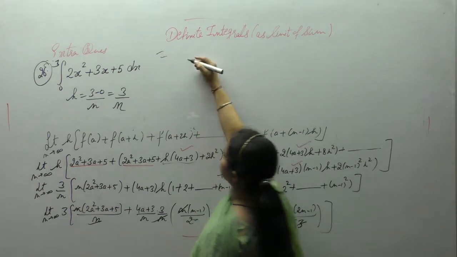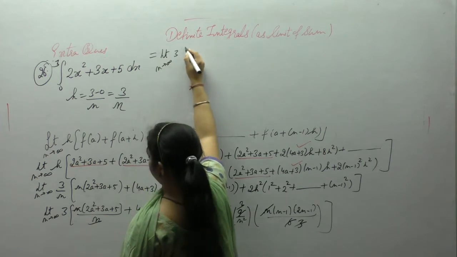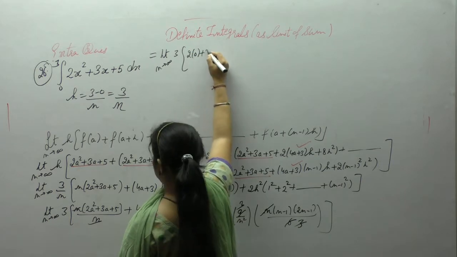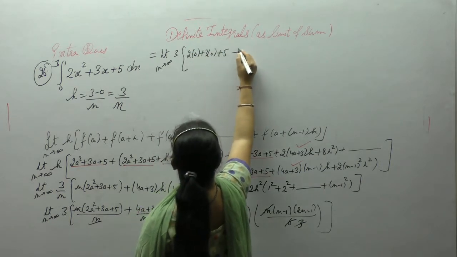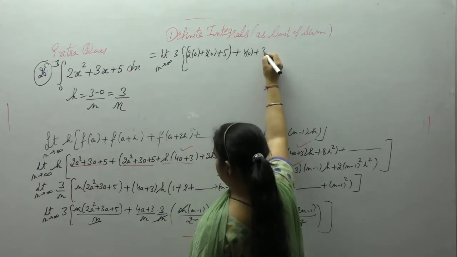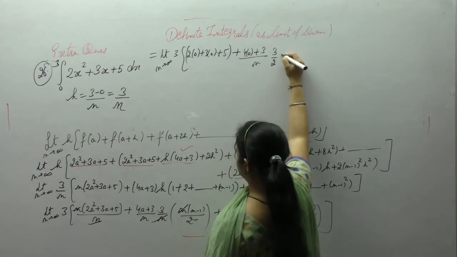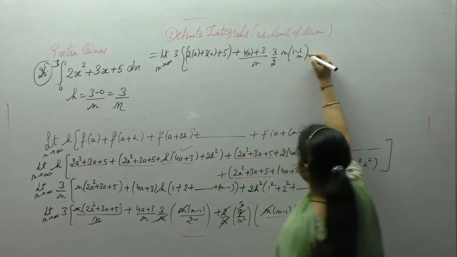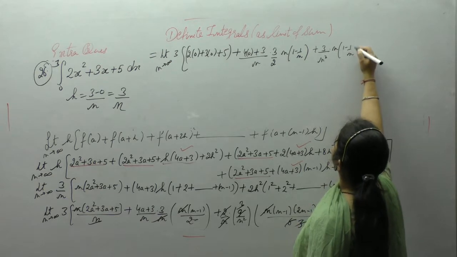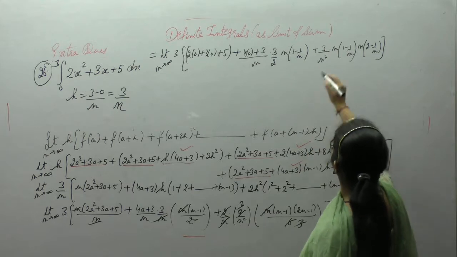Limit n tends to infinity. 3 into a is 0. (4a plus 3) by n into 3 by 2. Take n common: 1 minus 1 by n, 3 by n square, and 1 minus 1 by n and 2 minus 1 by n.